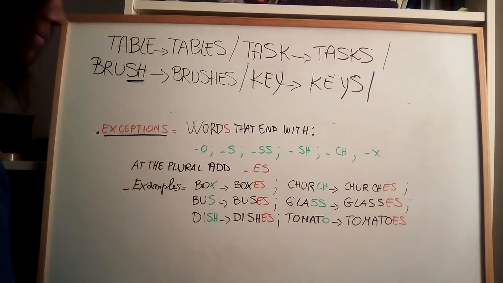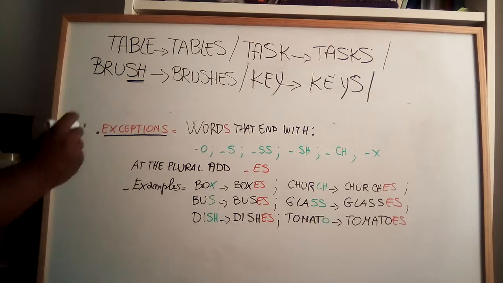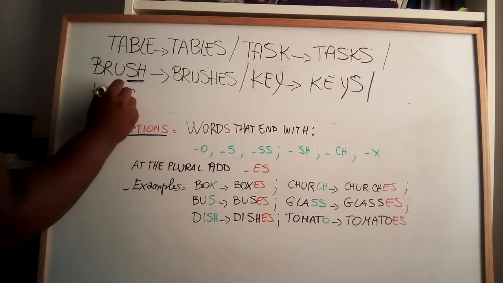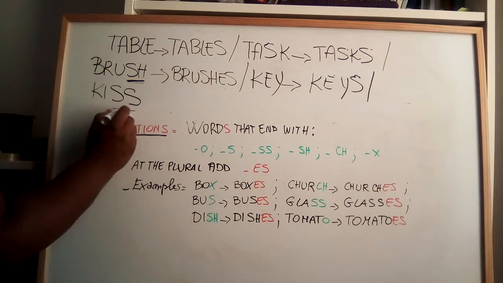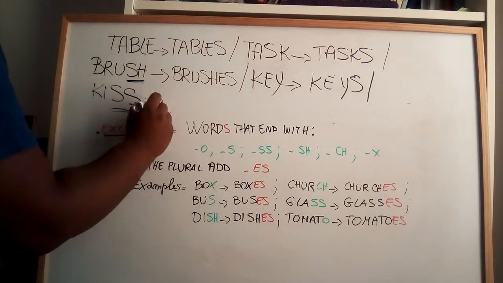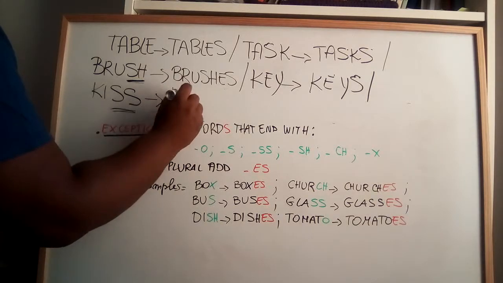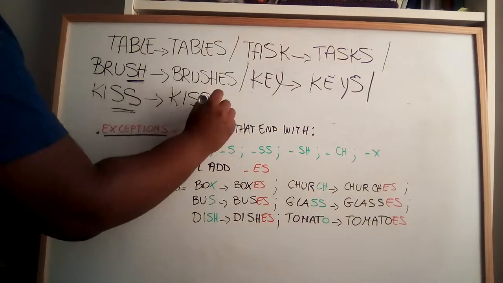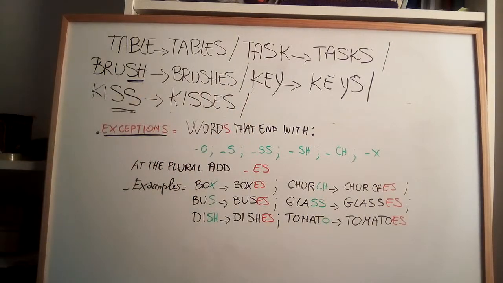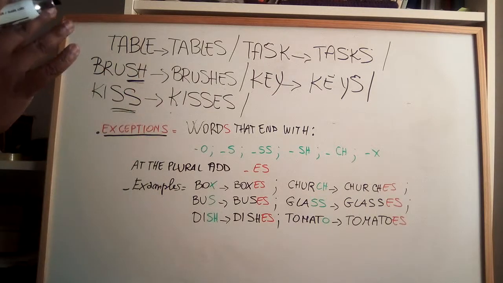Another word. Kiss. There is the double s, so it will become kisses. Okay? It's simple as that, but you have to learn the rule and pay attention at the beginning. Okay?